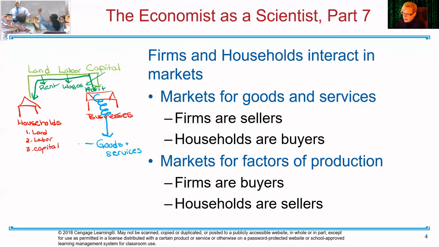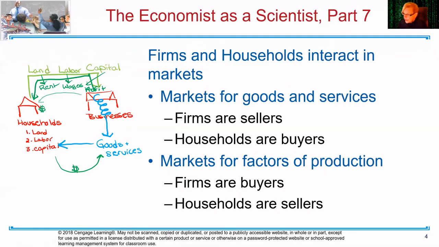They then make those goods and services available to households. How are they able to buy them? Because this revenue from the rent, wages, and profit is coming into households. Households then are taking that money and exchanging it for goods and services.